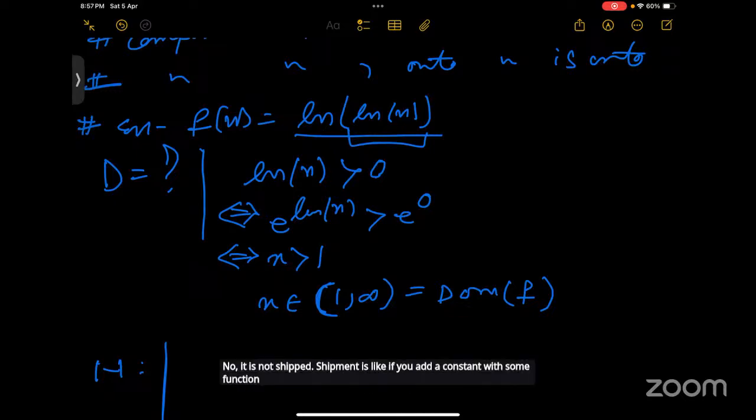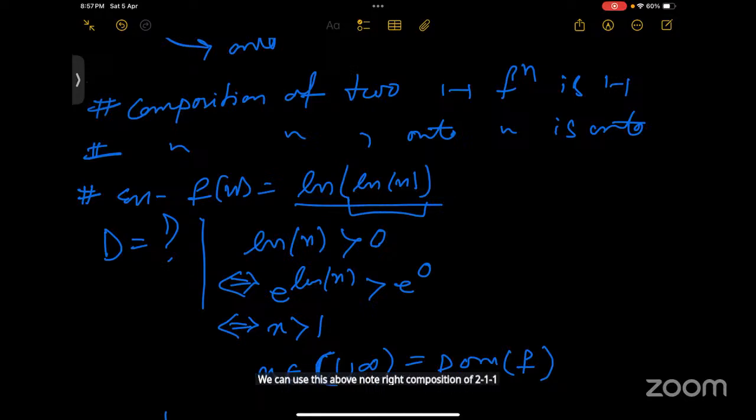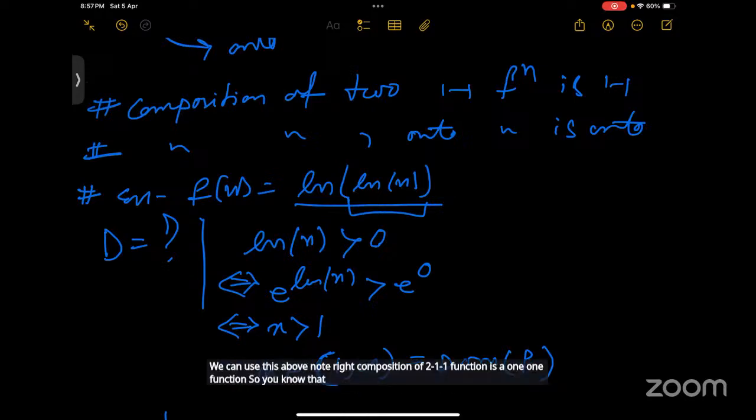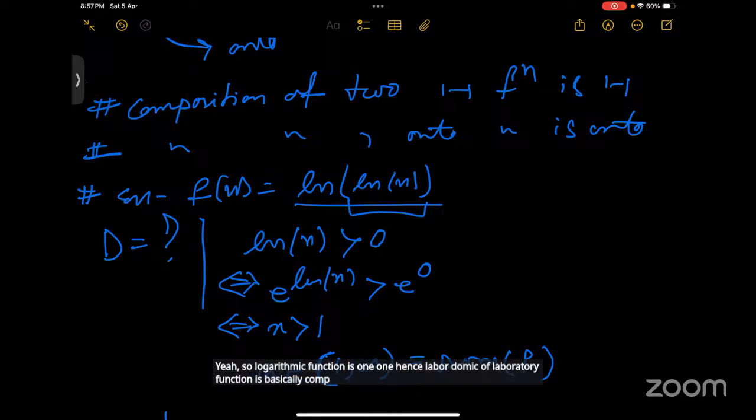We can use this note: composition of two 1, 1 functions is a 1, 1 function. The logarithmic function is 1, 1, and here we are composing the logarithmic function twice. Hence it will be 1, 1.